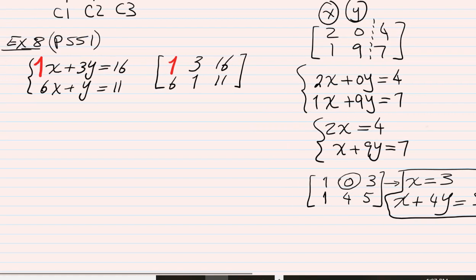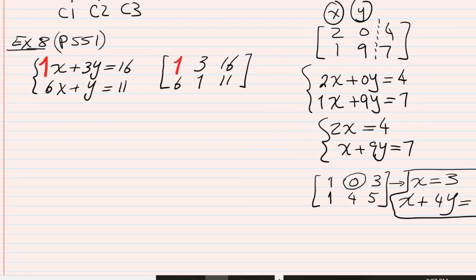Okay. Now, when we try to solve the system using the matrix method, what we would like to do is this. We'd like to transform this matrix into a matrix that's going to look like so.